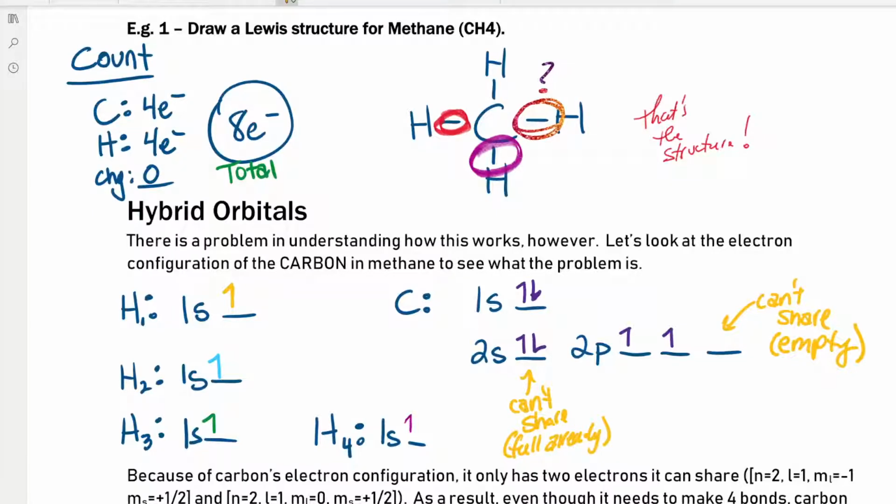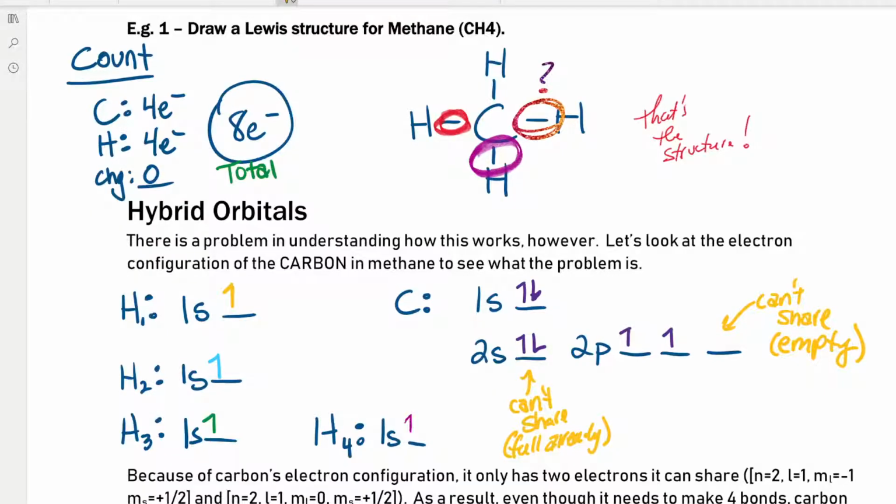So, the problem is carbon, even though we know it makes 4 bonds, if we look at its atomic structure, it can't make 4 bonds. So what happens? Well, scientists thought what might happen, and this is close, is that this electron might get promoted into that orbital.